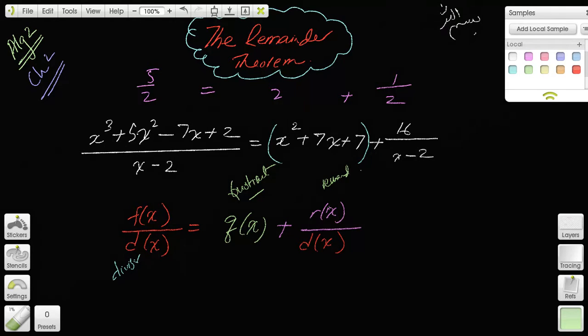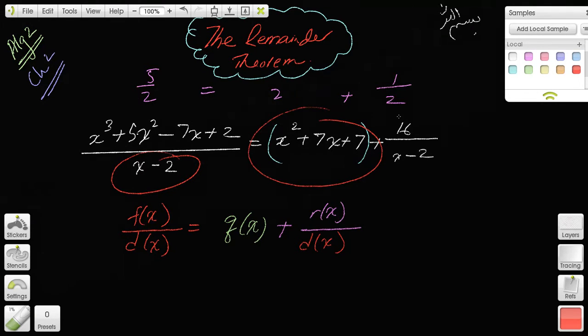So when a function is divided like this, this would be called the divisor. This would be the quotient right there. That's the remainder, and that's the divisor. And that's the original polynomial function that you were dividing. So that you have to understand.